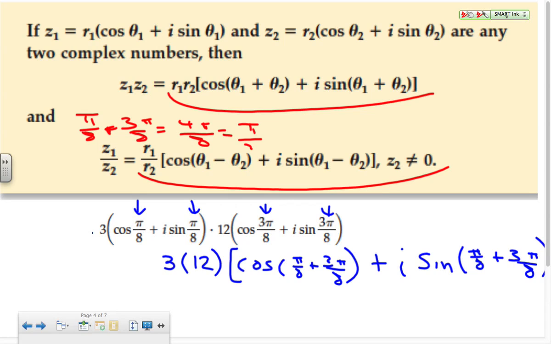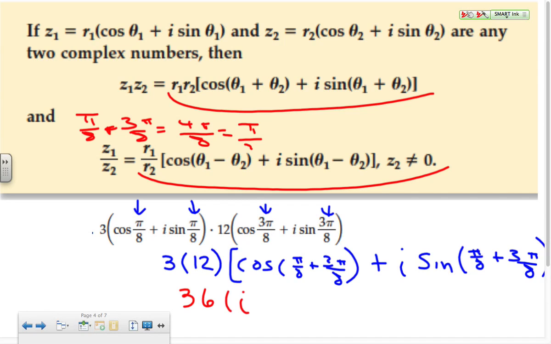Now, if you know your unit circle, you can say it's 90 degrees, so it's straight up and down. Cosine at straight up and down is 0, and sine is 1. So this is going to be 36 times cosine of pi over 2, which is 0, plus i times sine of pi over 2, which is 1.